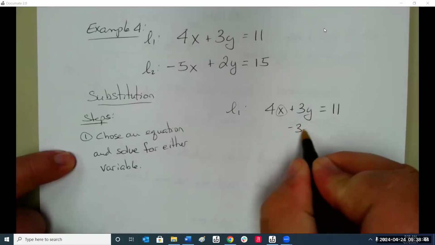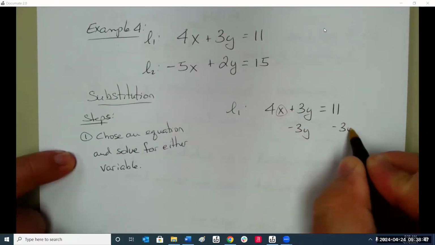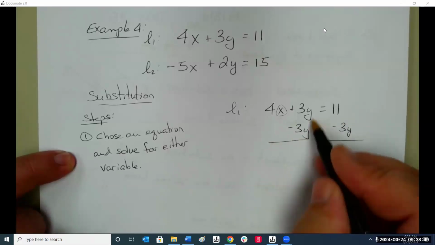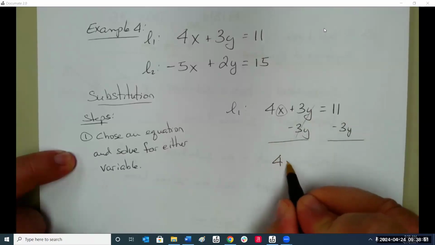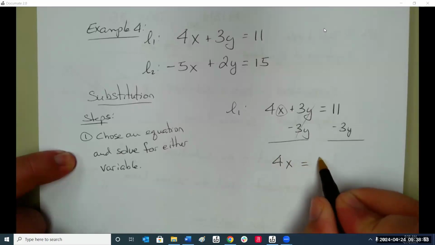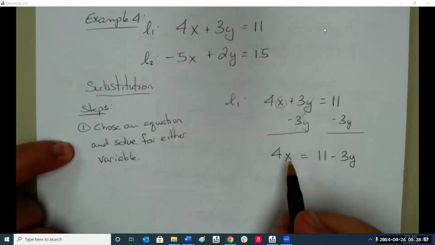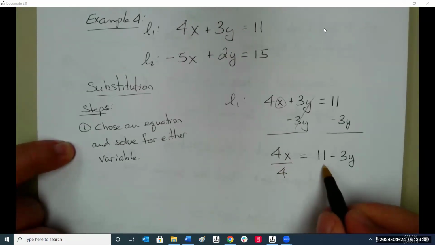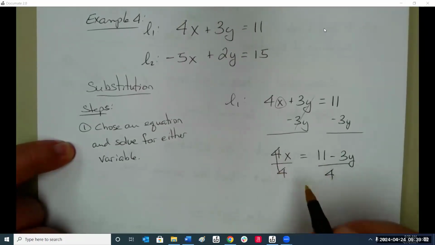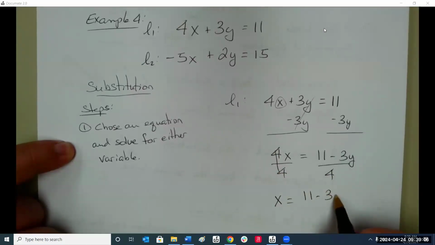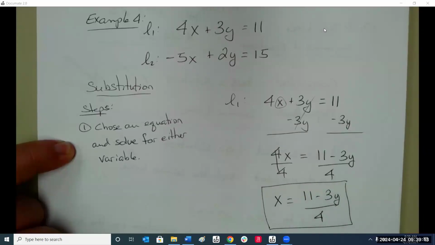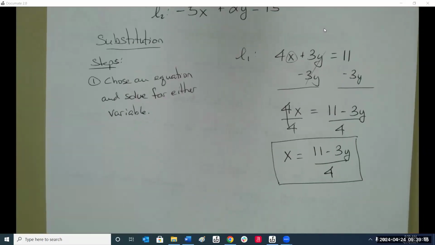So we subtract 3y from both sides, and then divide both sides by 4. We have to come back to that equation at the end.